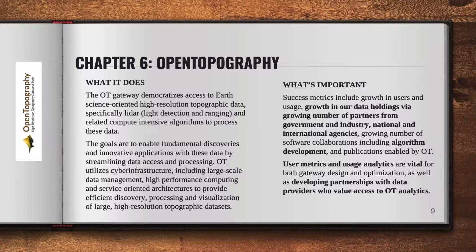And so it's seen as a success if a lot of these groups are interested in depositing their data there. So growing number of partners from government and industry, so where are these data sets coming from? But then they're also looking at algorithm development on top of those data sets, and publications you'll see as a common theme.